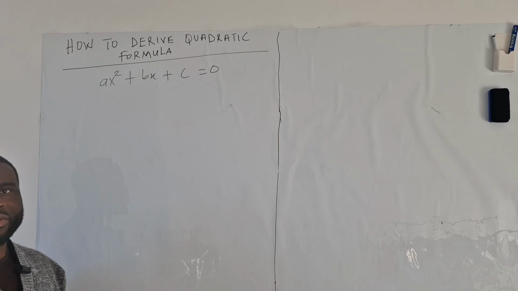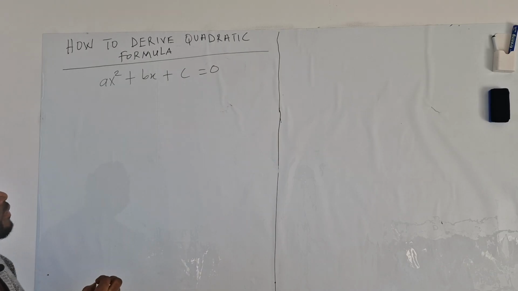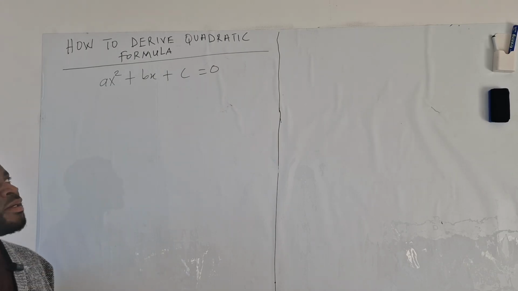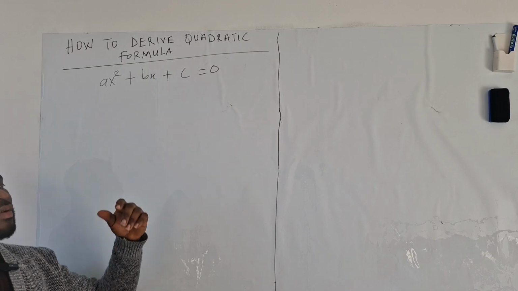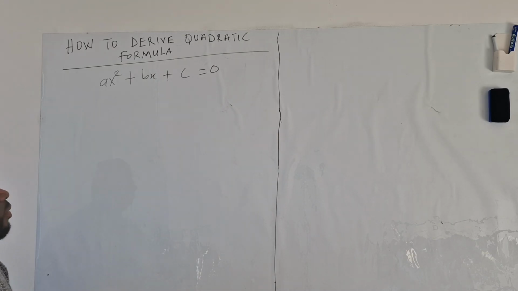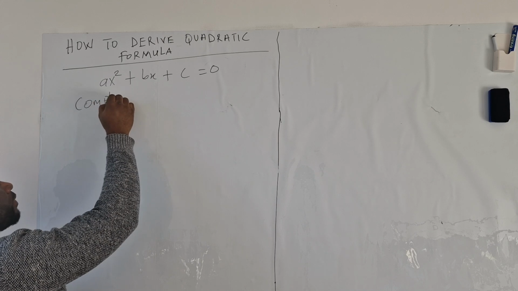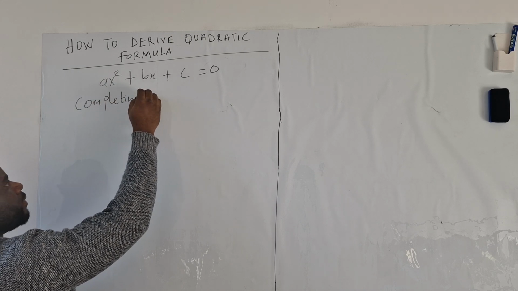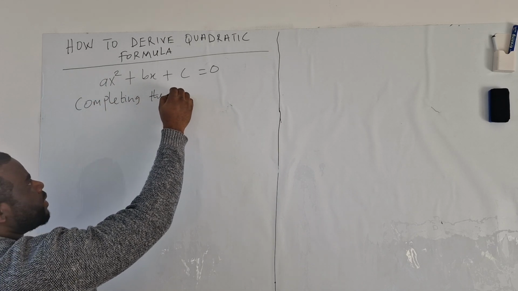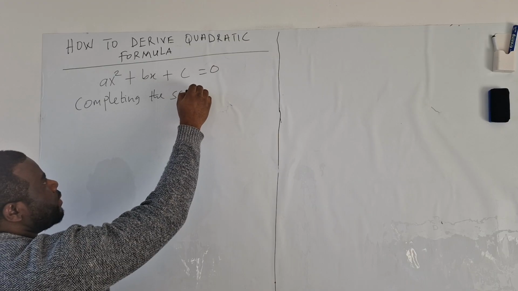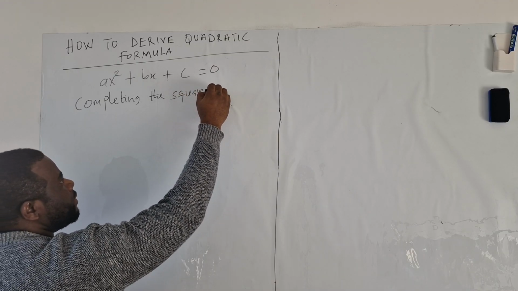Now the method we are going to use to generate the quadratic formula from the general form of quadratic equation is the completing the square method.